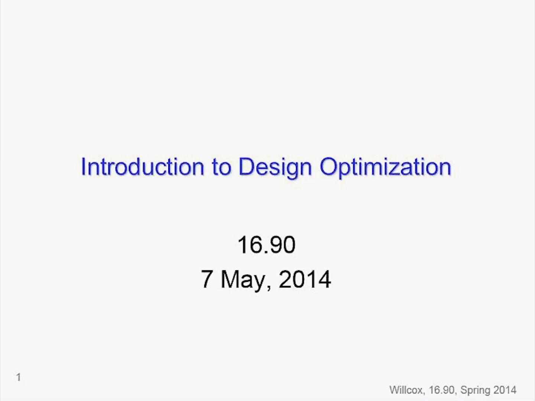So let's just start off with thinking about the basics of writing a design problem as an optimization statement. So the idea is that a design problem, as I said already, can be written as an optimization problem.